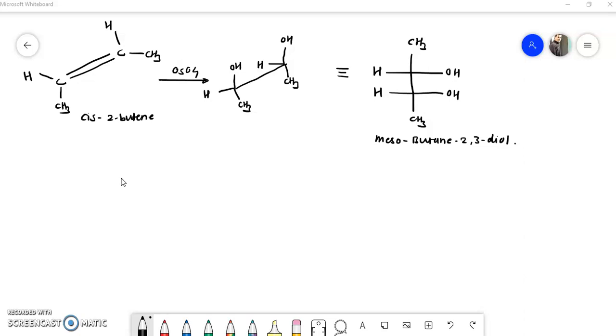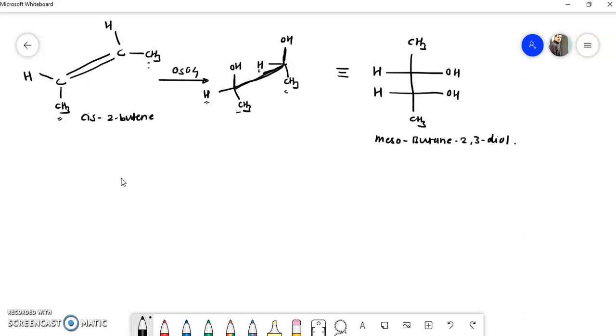If we draw the Sawhorse projection of the product, this part we have seen in the last semester, how to draw Sawhorse projections. Here we have represented these two hydroxy groups on the same side. This hydroxy group and this hydroxy group are on the same side because hydroxylation takes place on the same side. Again, these methyl groups are on the same side as we have represented here, and these hydrogens are on the same side.